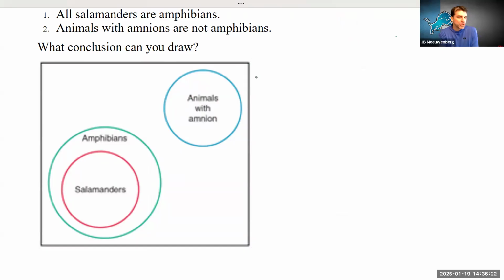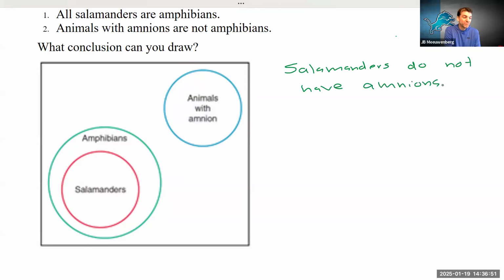So what conclusion did you draw? Because salamanders are a subset of amphibians, but animals with amnions are completely separate from amphibians, we could draw a conclusion that salamanders do not have or develop amnions.